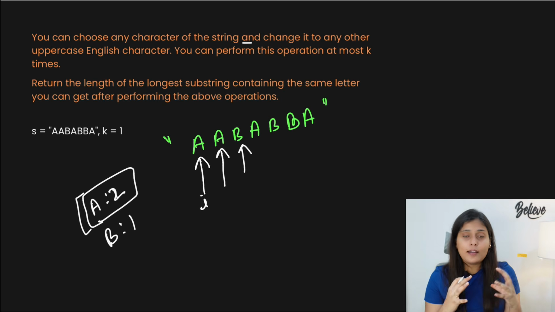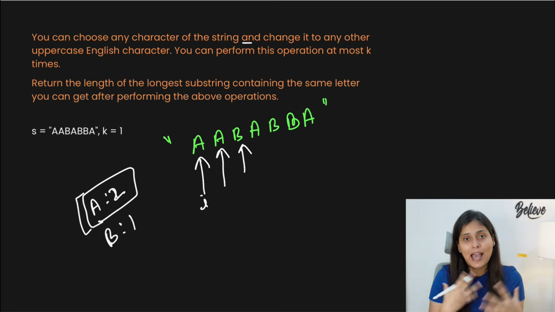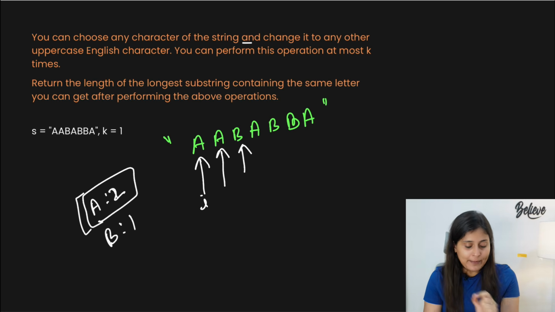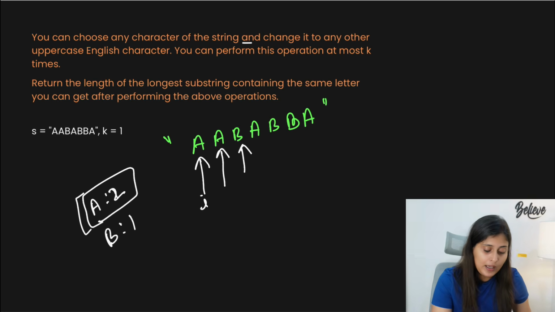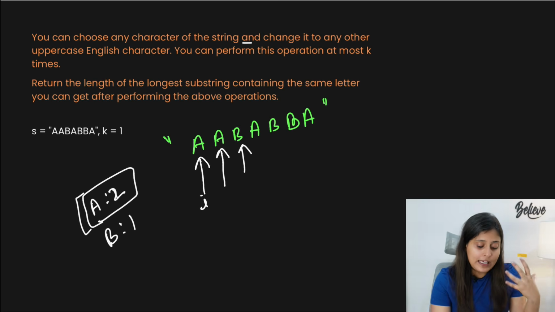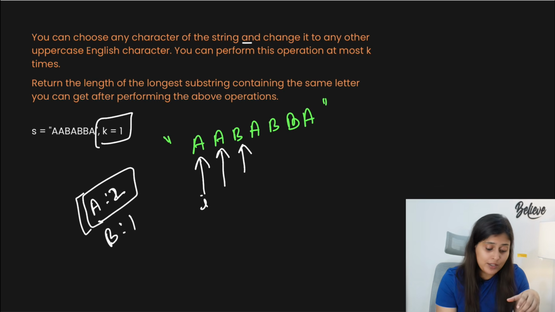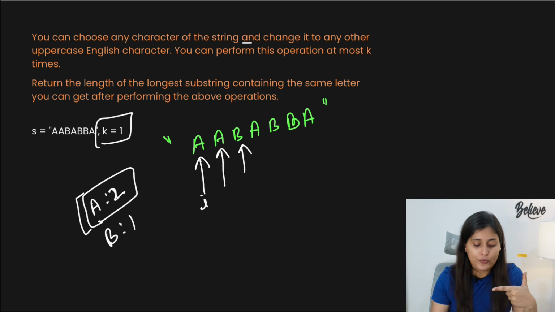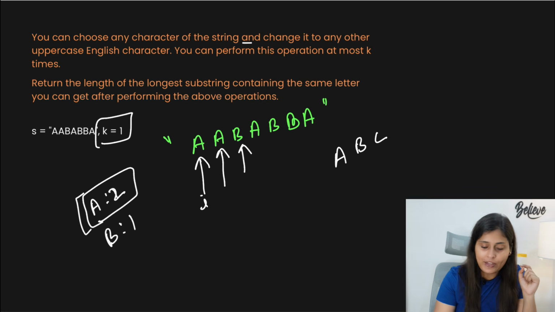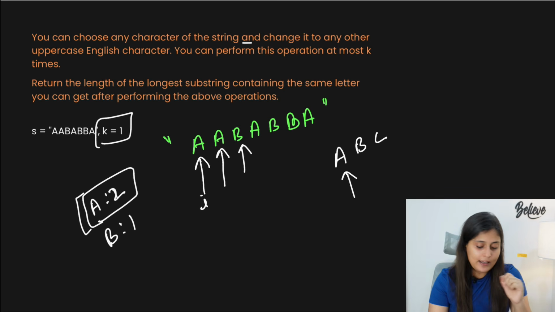So here you can say, how can we actually check that the number of different elements coming inside it is lesser than the K operations which we are allowed to perform. So let's suppose, what I meant to say, we have A, B, C. Okay, for A we have the same, we don't need to replace it with anything.